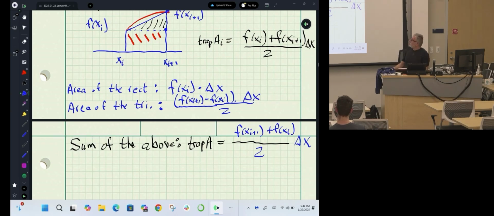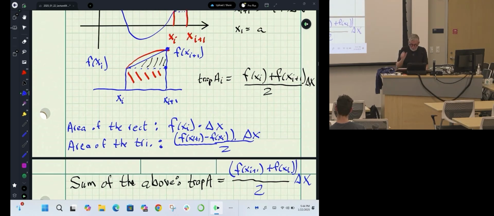And clearly it doesn't matter which order we write down f of x sub i and f of x sub i plus 1, because for two real numbers a and b, a plus b is equal to b plus a. Okay, so that's how you approximate the area with a trapezoid. Does that make sense? Easy enough?